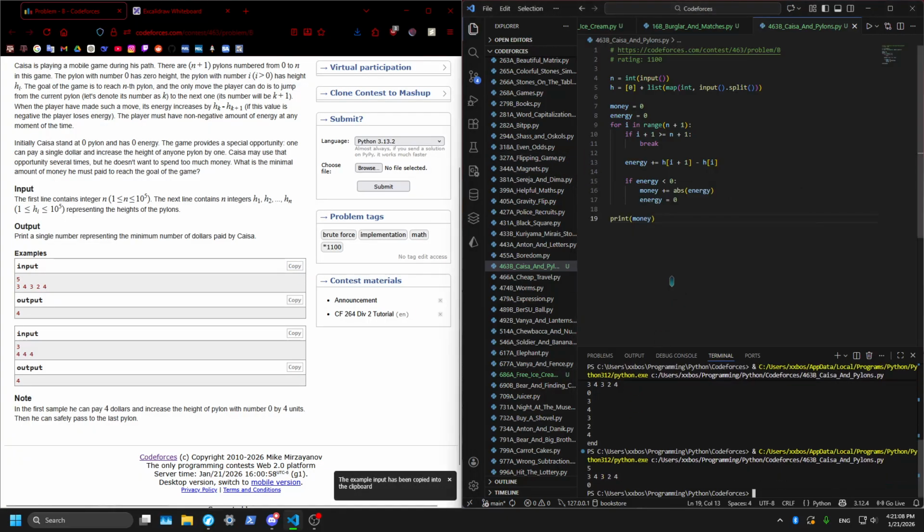Why was that so difficult? Well, because it's wrong. Getting 0 money. 0 energy somehow. So let's just print out energy. Okay, let's print out the index.